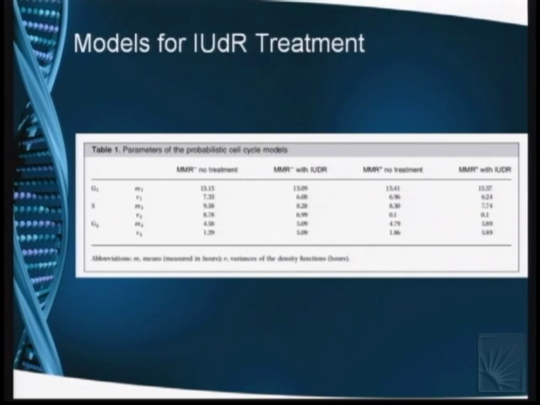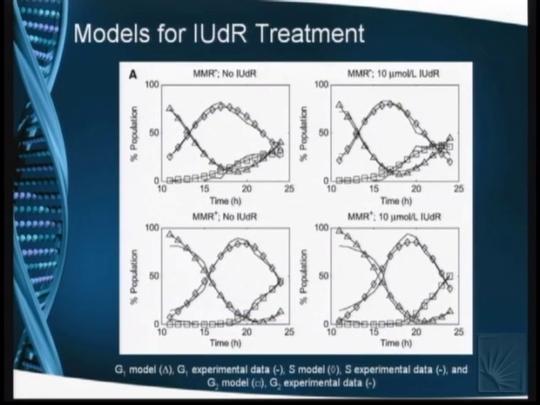How close? Okay. I don't have the error measures in the slide, but this solid line is the true S phase, and these diamonds are the S phase from the model. So it's very close.